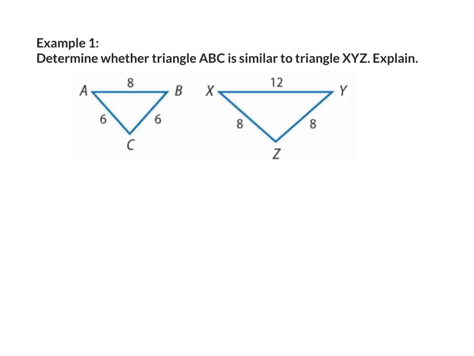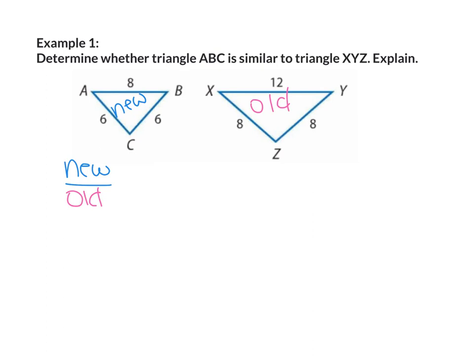Example number 1. Determine whether triangle ABC is similar to triangle XYZ. Explain. So what I'm going to do is take the side lengths and find the scale factors. Remember, it's the new image divided by the old. In this case, the first one is going to be the new, and the second one is the old.